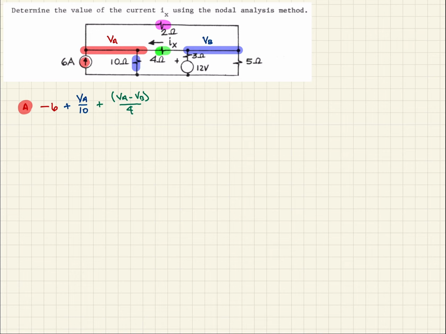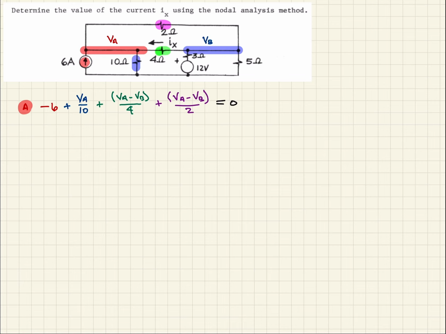When we go to characterize that, that's going to be, again, the difference in the voltages, VA minus VB, it's the same nodes, over 2. So now that's all of the branches going in and out of the VA node. So then we should be able to set those equal to 0.